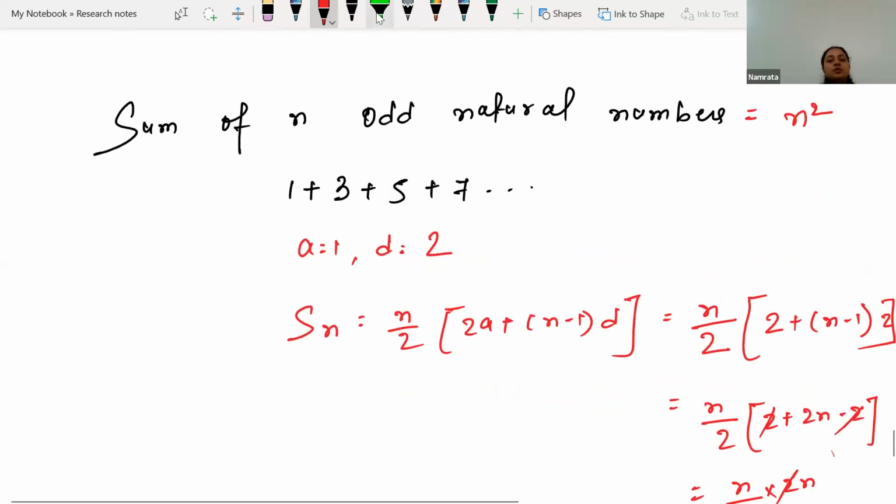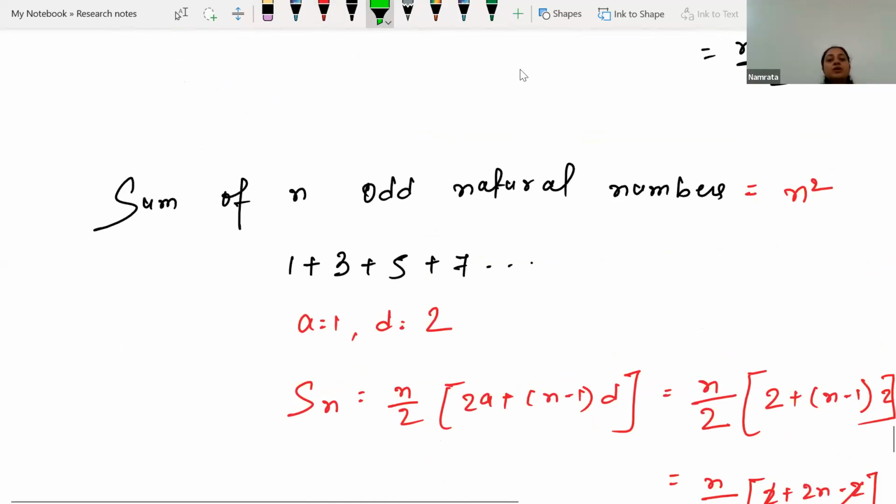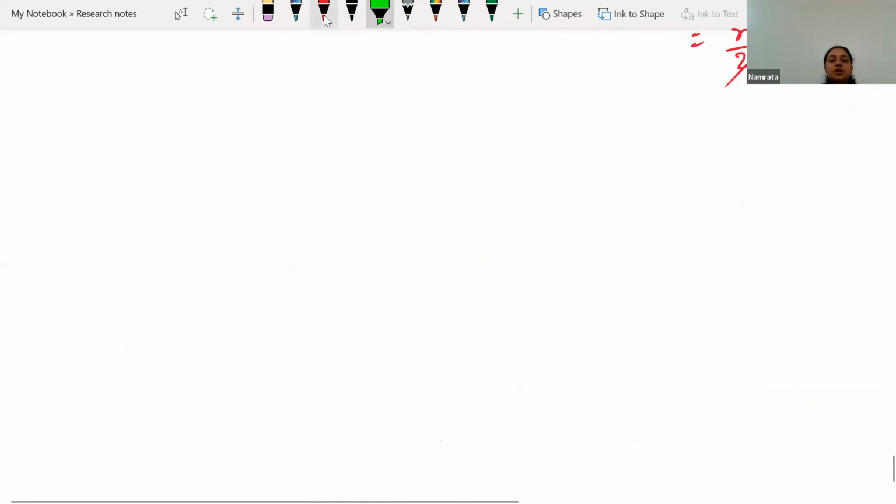Yes, ma'am. So memorize this formula: the sum of n natural numbers is n into n plus 1 by 2. The sum of n odd natural numbers will be n square. Now similarly we can find the sum of n natural even numbers also.